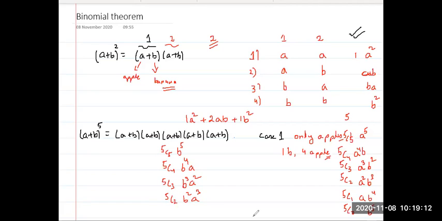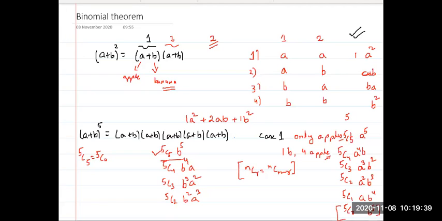Now, I hope all of you remember that we have a concept which is 5C5 is equal to 5C0. I hope all of you remember this. nCr is equal to nC(n minus r). Yes or no? So the coefficient of b^5 is 5C5 or 5C0.